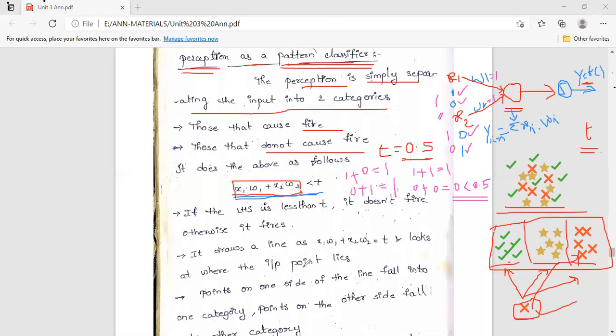Now based on these inputs, we are going to represent these values.